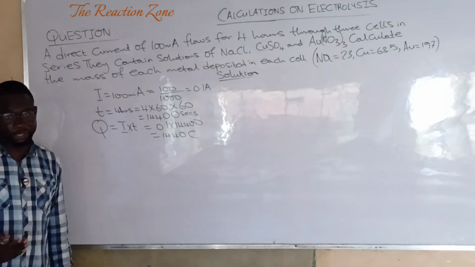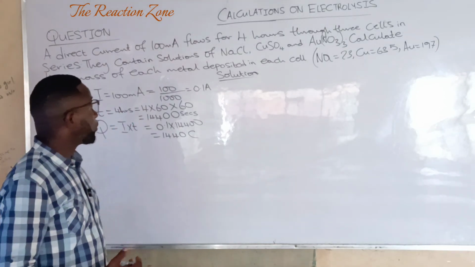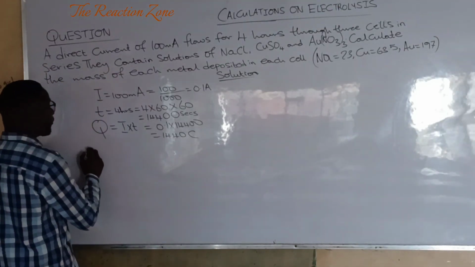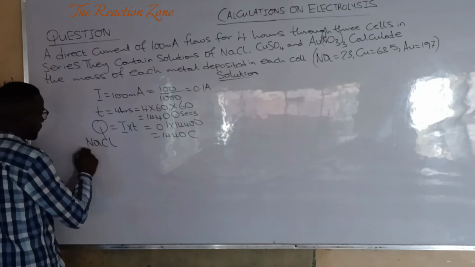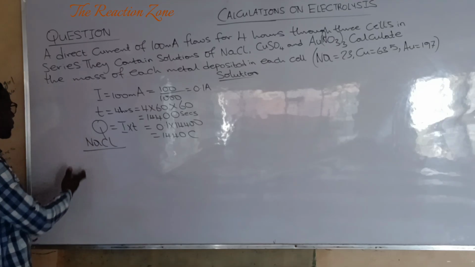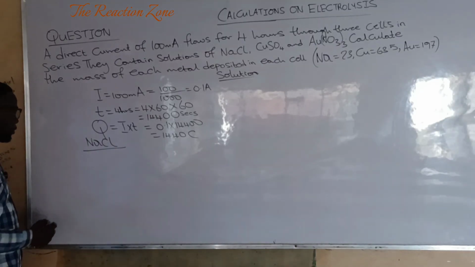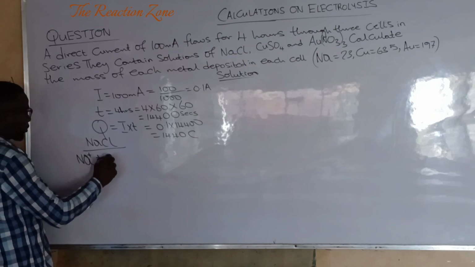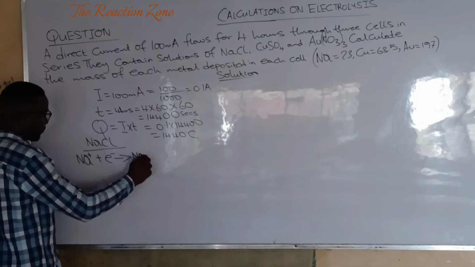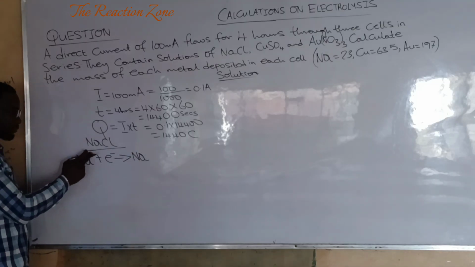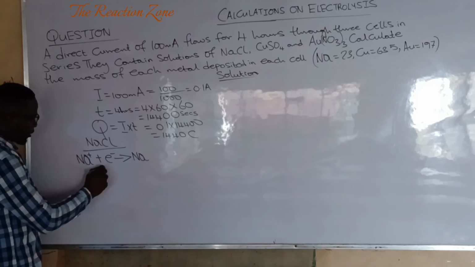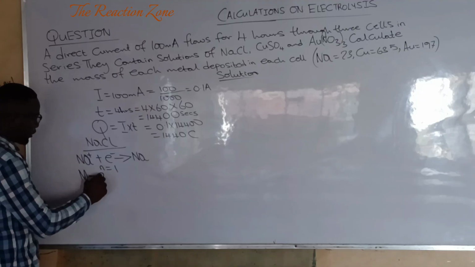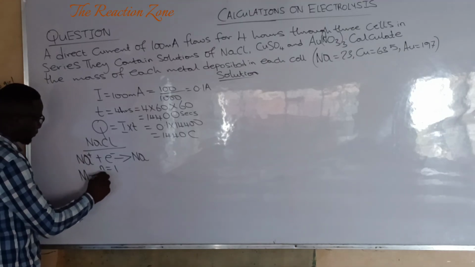Now that I've gotten a quantity of charge, I can now proceed to find the mass of each metal deposited in each cell. I can start with sodium chloride. In the electrolyte sodium chloride, the metal is sodium. So the equation at the cathode is going to be sodium ion undergoing reduction to give sodium atom. Now, the charge on the ion is +1, so the value of n is going to be 1. And the atomic mass of sodium is 23.